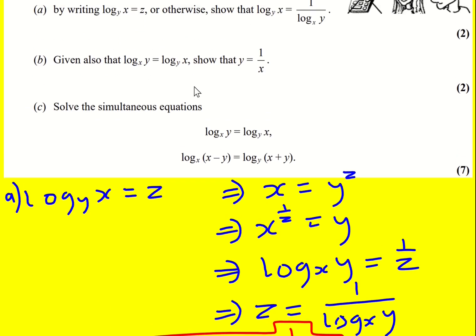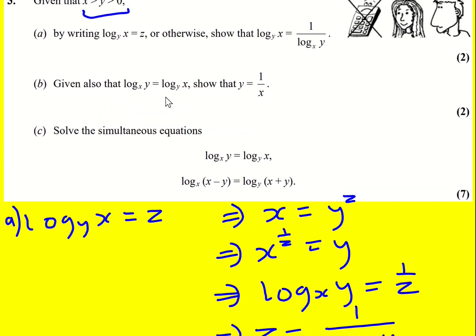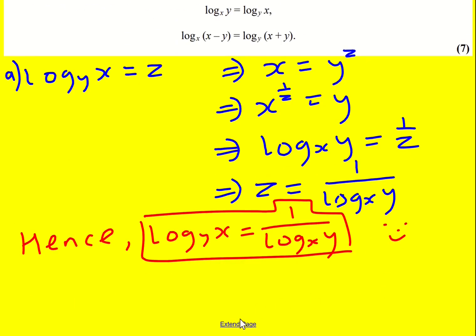In part B, we're told that also they're actually the same thing, and hence to show that y is equal to 1 over x.